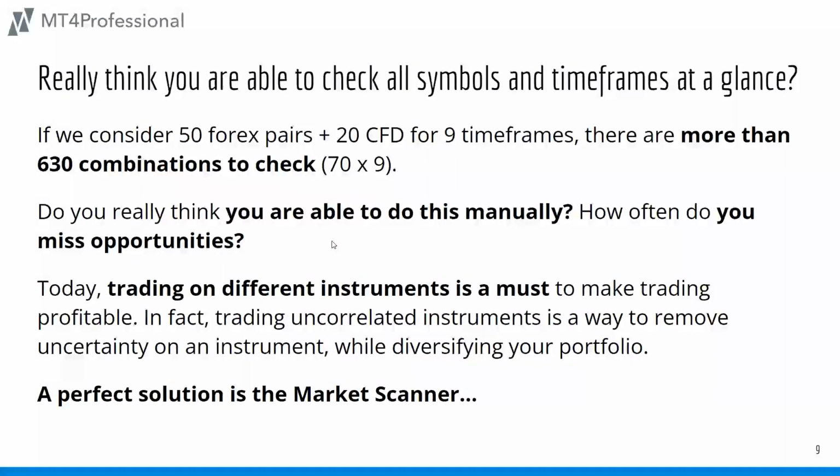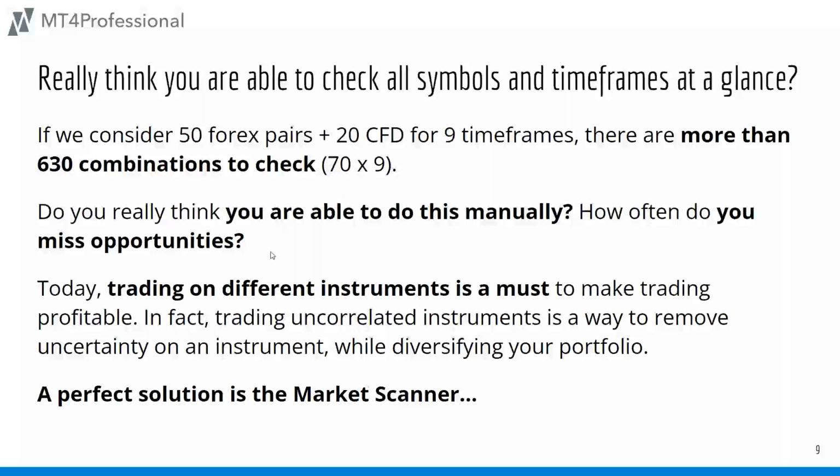So looking at all the different symbols and time frames you have access to, in this example on your MT4 platform, there's 50 different Forex pairs, 20 CFDs, 9 different time frames. That's more than 630 combinations to look for potential trade setups. Do you really think you can do this manually?